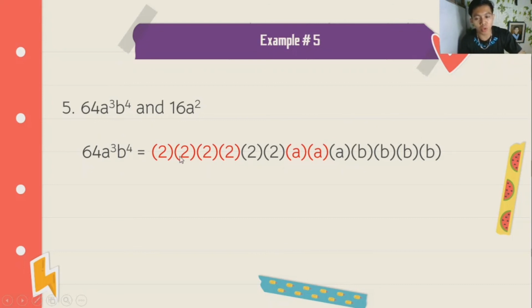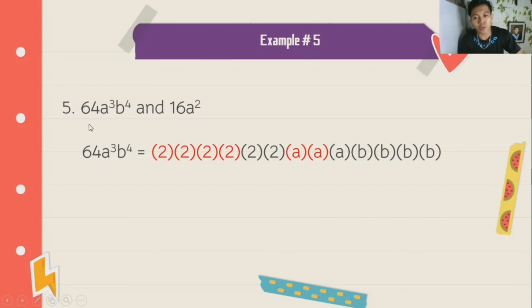Check nyo na lang, no? 2 times 2, 4 times 2, 8 times 2, 16 times 2, 32 times 2, 64. So, ilang 2 to siya? 6. Now, a raised to 3. Ibig sabihin, a, a, a. B raised to 4, edi 4 na b.